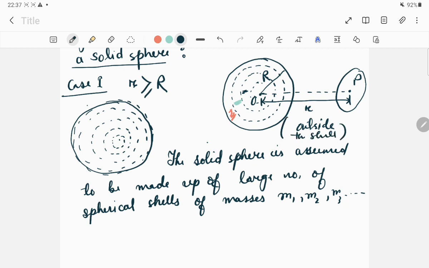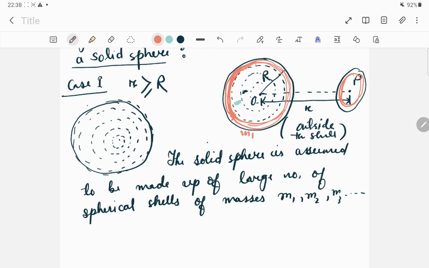Say this particular shell is of mass m1. If I ask you what is the potential at the point P due to this particular shell of mass m1, what will be your answer?